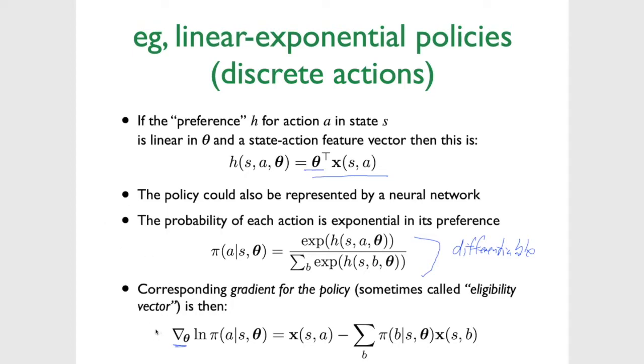We're calling this a function, and later on we're going to call it this, so I'll just call it this now. We've got some function J of our policy and our parameters.